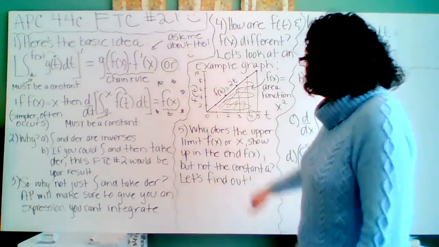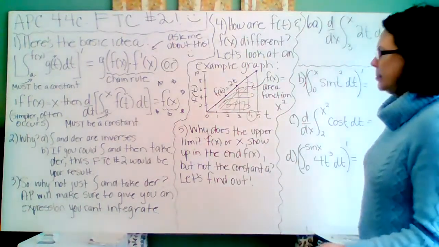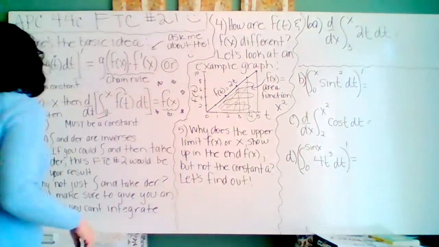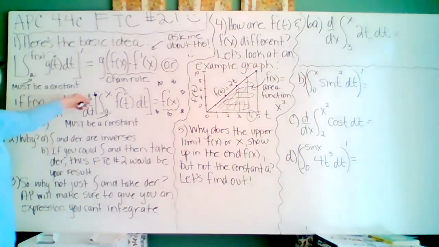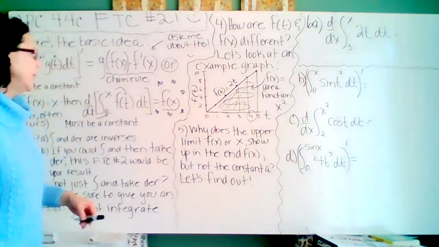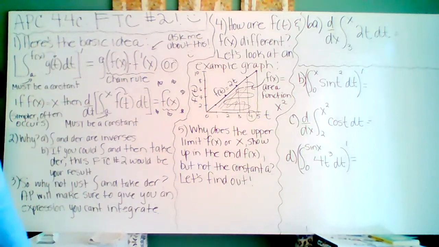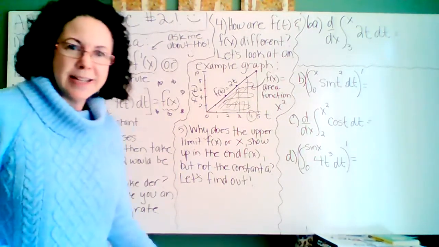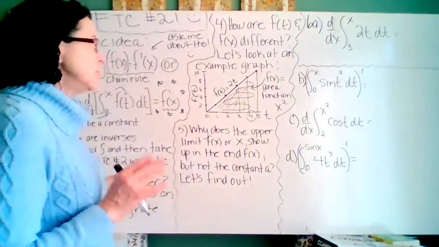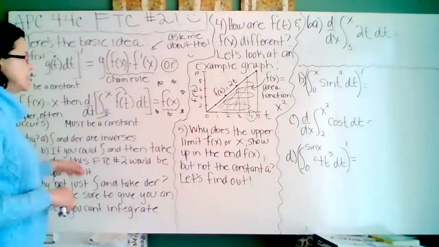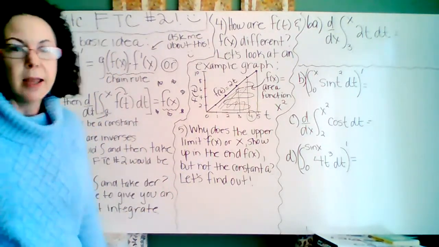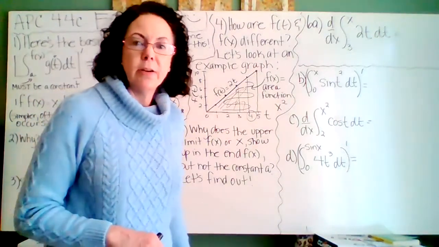Okay, number 5: why does the upper limit, x, show up in the final answer, but not the constant a? Let's find out. Now, to use this theorem, you have to have a constant as the lower limit, but it won't show up in the final answer.